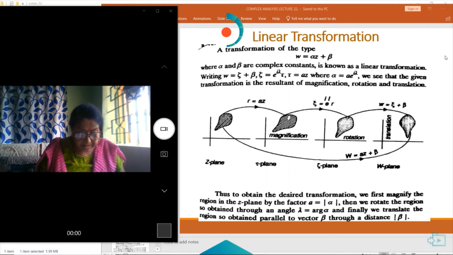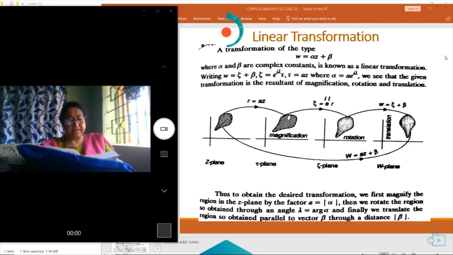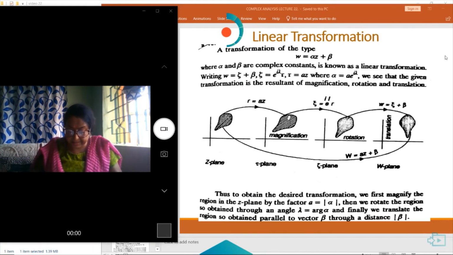Then we rotate the region so obtained through an angle lambda is equal to arg alpha, and finally we translate the region so obtained parallel to vector beta through a distance modulus of beta.